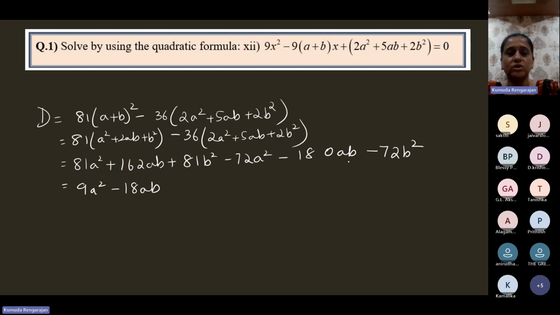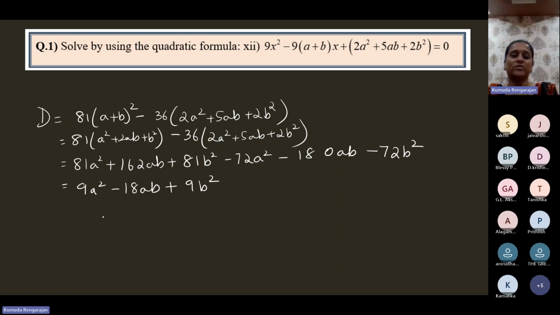There are 6 terms in all, 2 a² terms, 2 ab terms and 2 b² terms. So we are simplifying the like terms, and this is what we get. Plus 81b² minus 72b² is plus 9b².